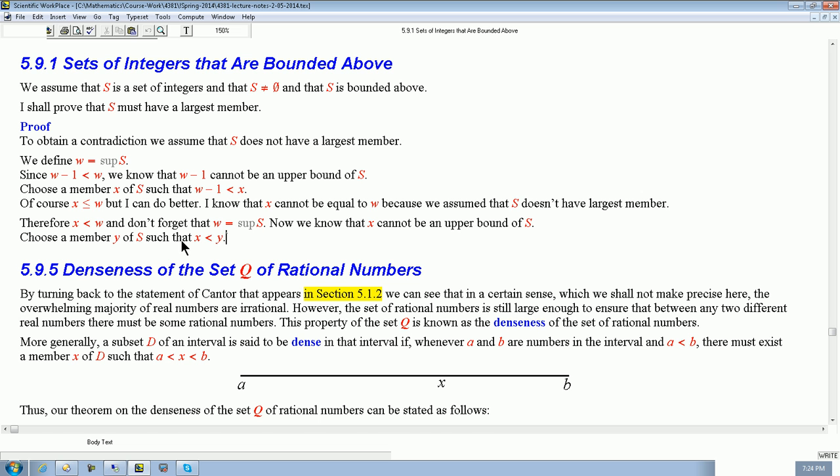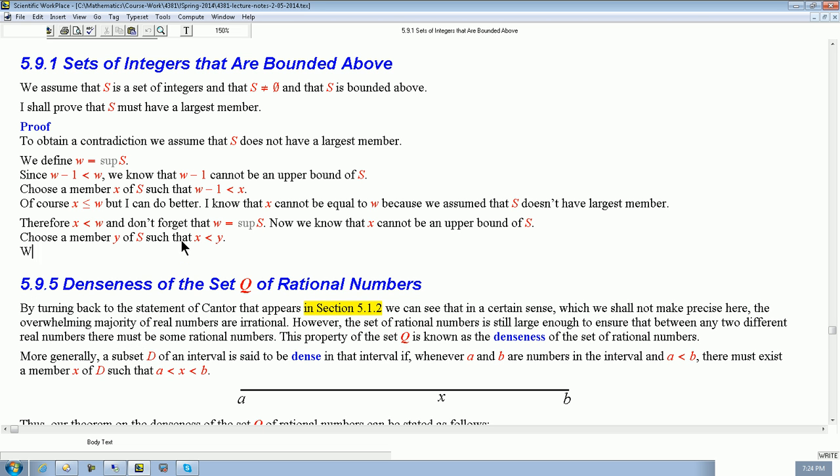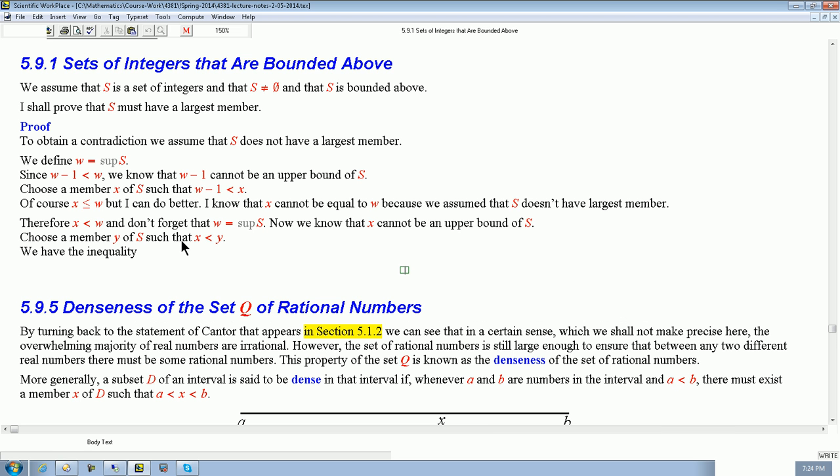Now we have the inequality. Firstly, W minus 1 was less than X. Reasonable? And X is less than Y. You understand? And Y is less than or equal to W, as a matter of fact, is less than. I don't care. You want to write less than or equals? Be my guest.